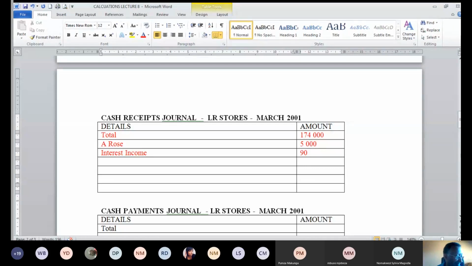Under your additional information, they tell you that the credit entry on the 31st of March in the bank statement was erroneously credited to LR Stores. It was actually a deposit which was made by RL Stores. Our business is called LR Stores. The bank in error recorded an amount of 15,000 Rand onto our bank statement.